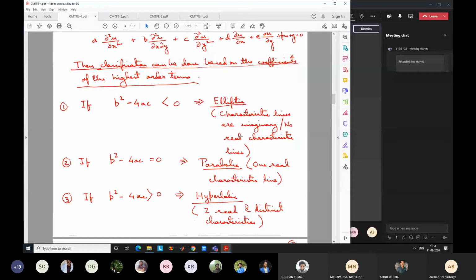If B squared minus 4AC equals 0, we call this type of equation a parabolic equation, and there is only one distinct real characteristic line.